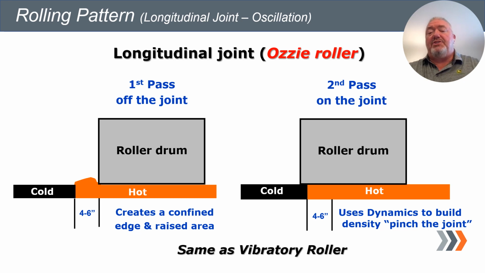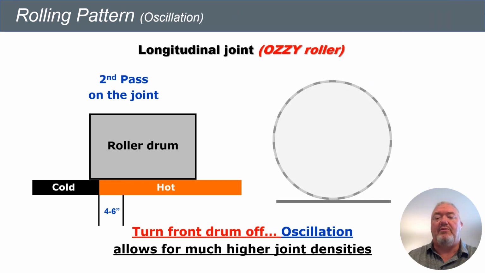Now if you have oscillation, and I didn't get into a lot of detail about oscillation, but oscillation is not vibration, and it's not going to hurt the joint. So you can have vibration on the front drum and oscillation on the rear drum going towards the paver, 4 to 6 inches off of that joint. When you come back, you turn the vibration off, but you leave the oscillation on. The oscillation is not going to ruin that joint because it's not vibrating on it.